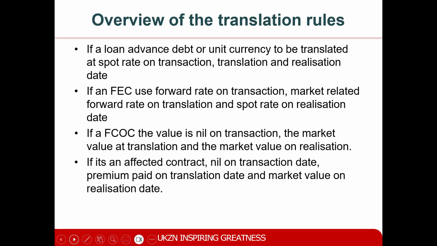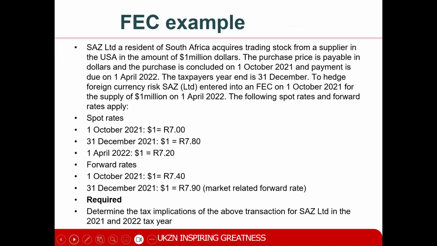In case it's an option, we use the value nil on transaction date. We use the market value at translation date and the market value on realization date. If it's an affected contract, we use nil at transaction date, premium paid on translation date, and market value on realization date. We've got an example, an FEC example.